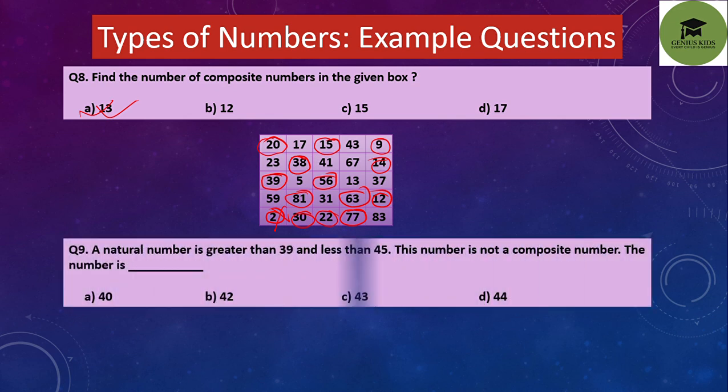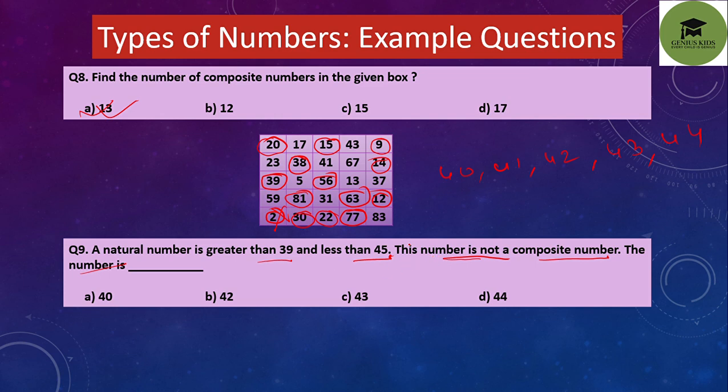Go for the next question. A natural number is greater than 39 and less than 45. The number is not a composite number. What are the numbers between 39 and 45? They are 40, 41, 42, 43, 44.